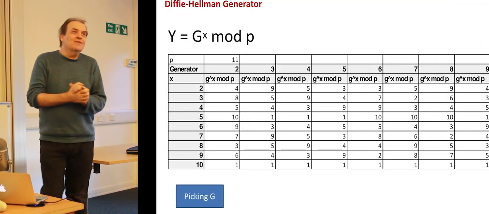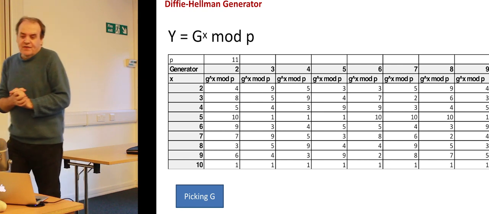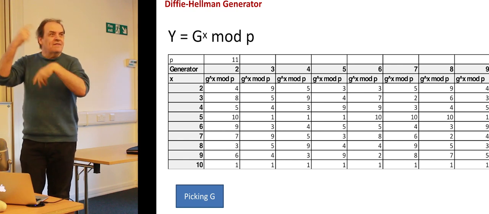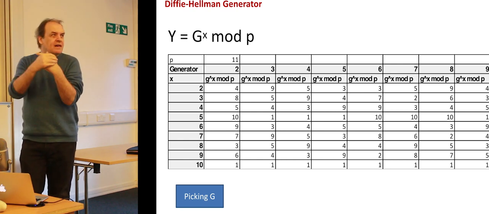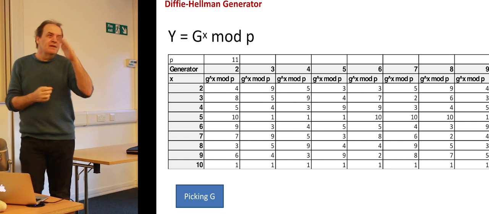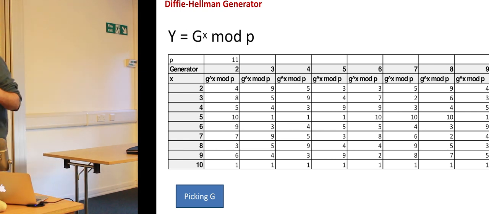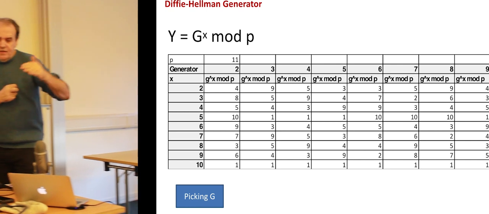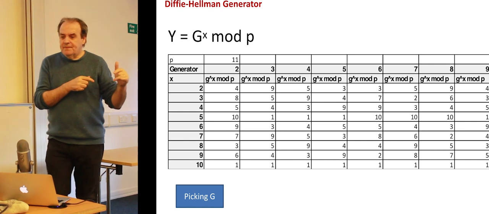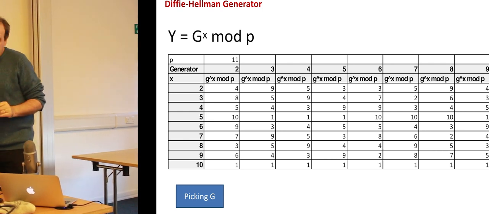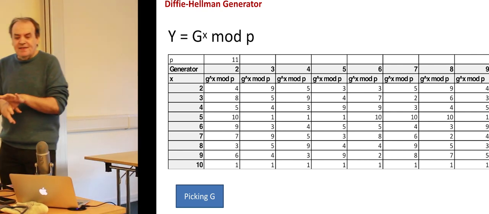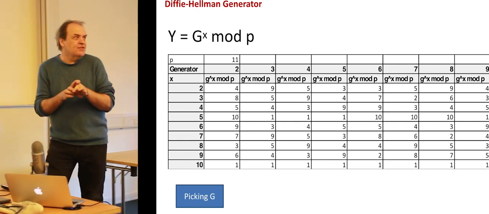Unfortunately, it doesn't always work, and you've got to pick a value of g, so that for every value of x you get something unique on the other end. It's all to do with the prime that you use. I've done some very simple ones there. 2 works because the values coming out are between 0 and 10, up to the prime number. Does 3 work? No. For a prime number of 11, 3 can't be used as a generator value.